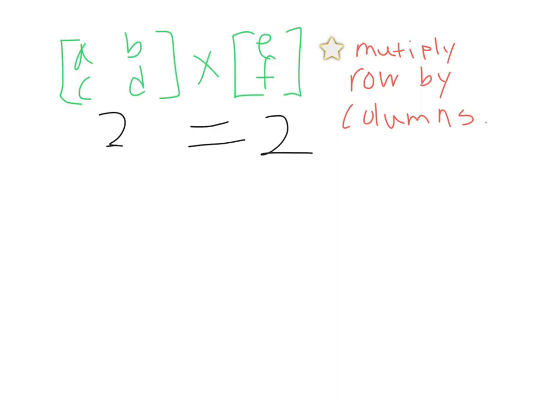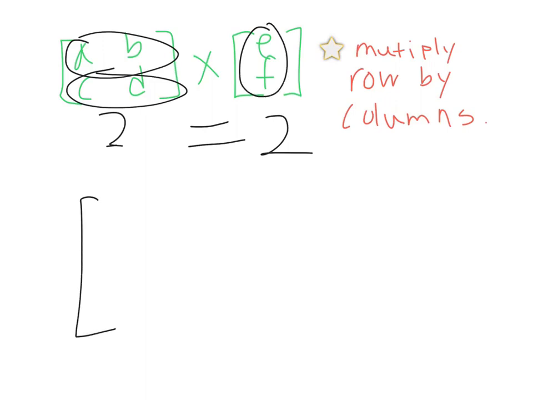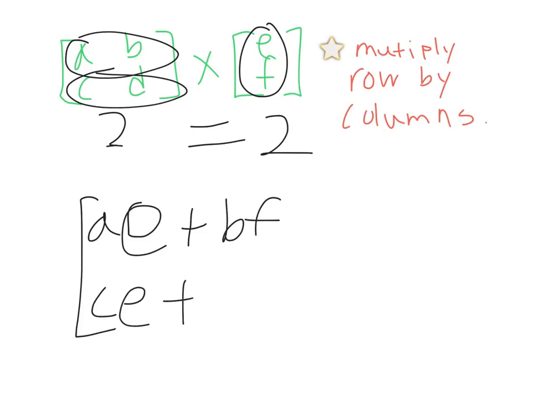You multiply every single row by the column. So it will be A times E plus B times F. And then the second row will be C times E plus D times F.